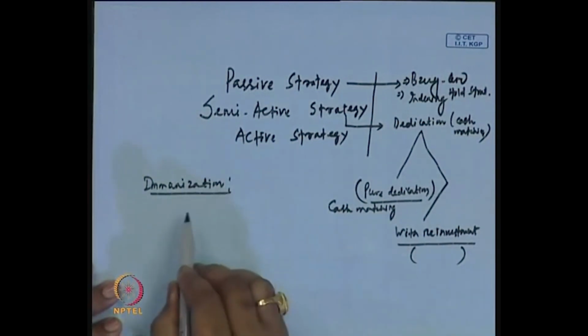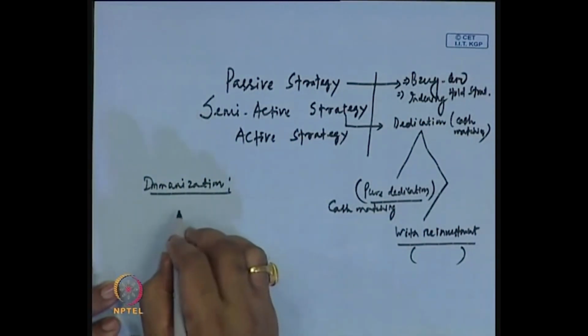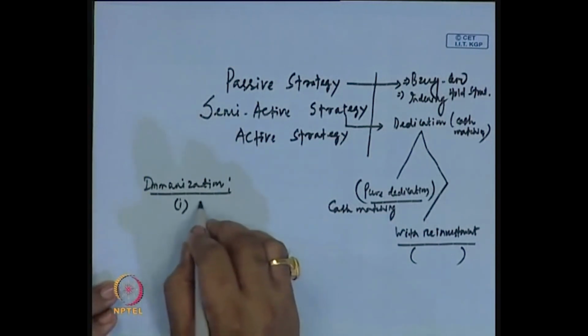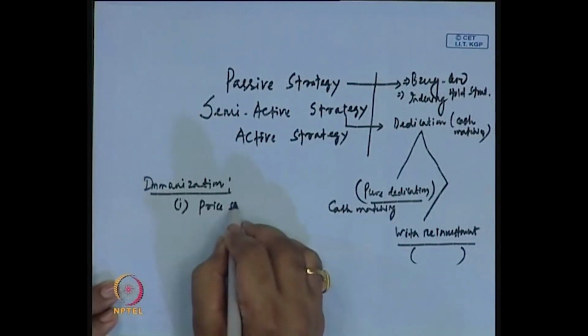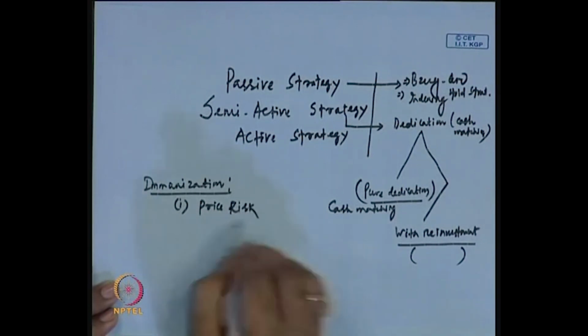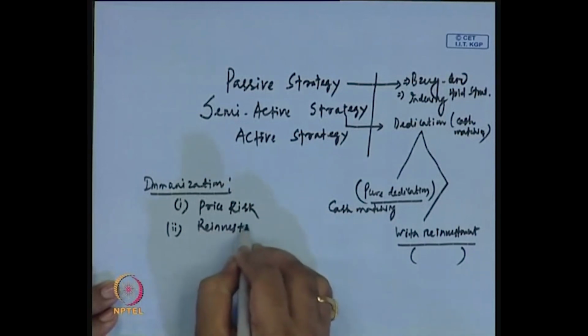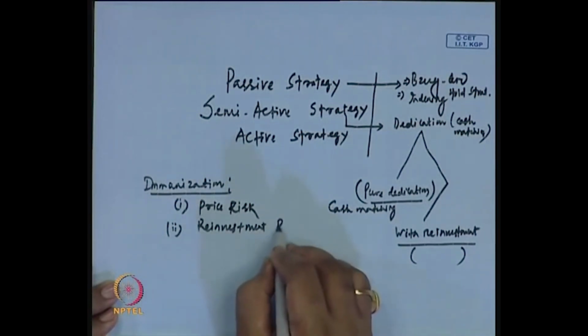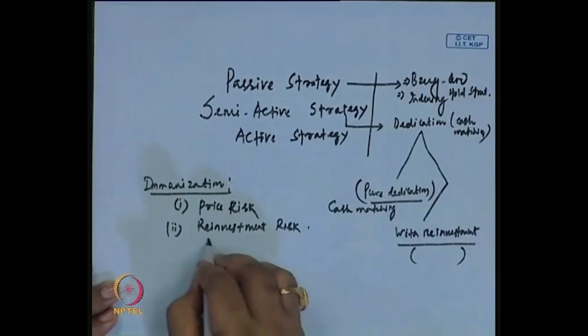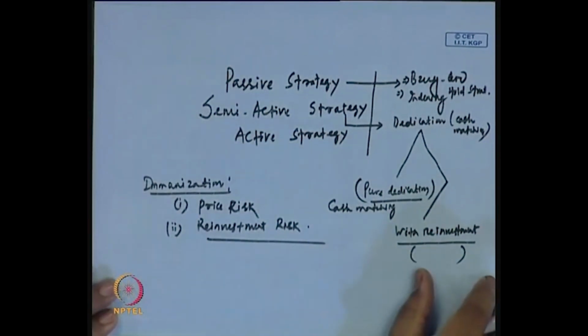Therefore, the concept of immunization comes into the picture, which tries to neutralize two types of risk: the price risk and the reinvestment risk, because the price risk and the reinvestment risk move in opposite directions.